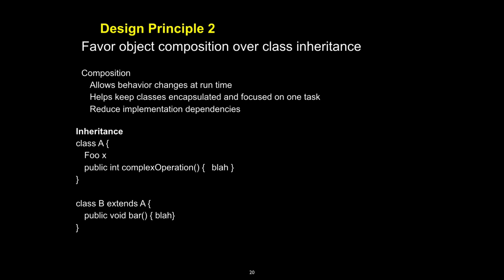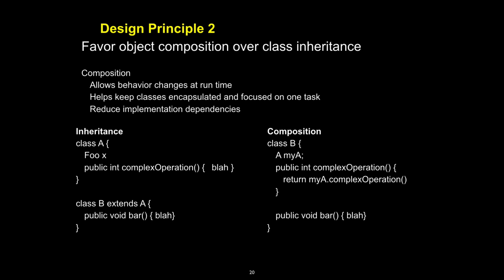So inheritance is I create a subclass of A and add more functionality, but that again is determined prior to compile time, right? By composition, we mean, okay, class B, I'm going to have a field of type A, and then when I need that functionality, I can call a function or method on my field.